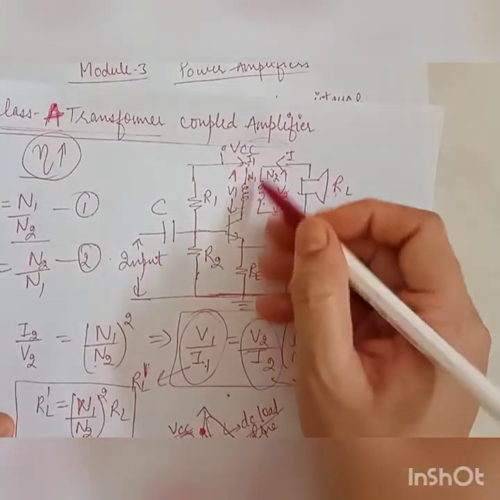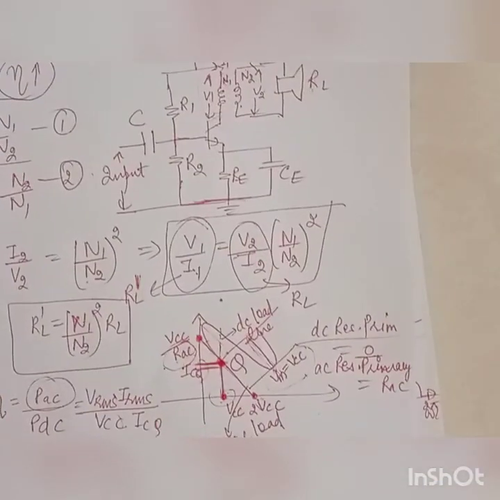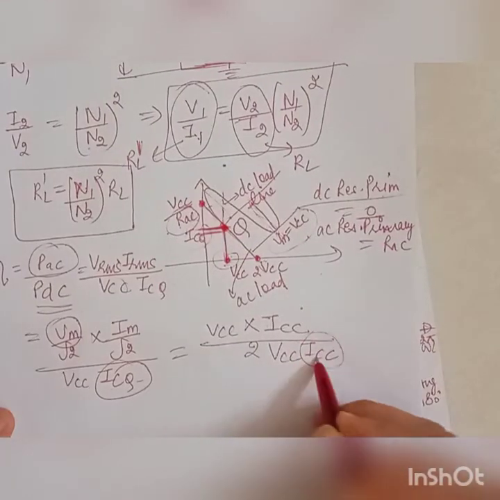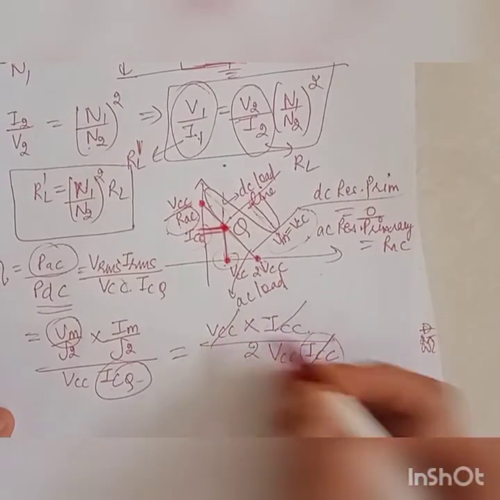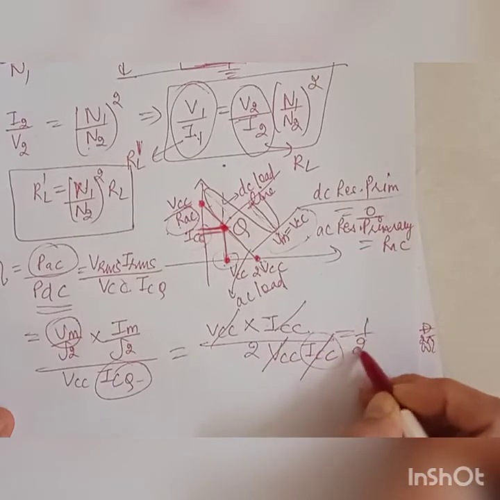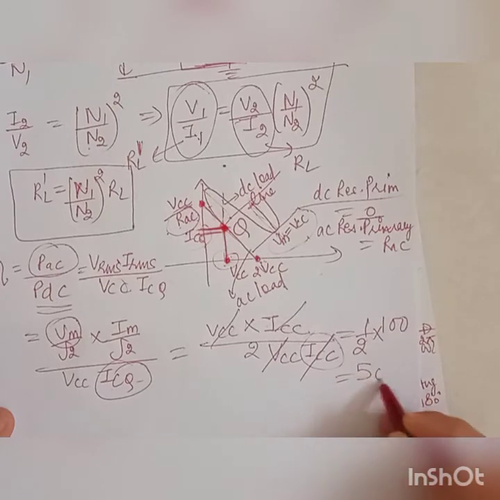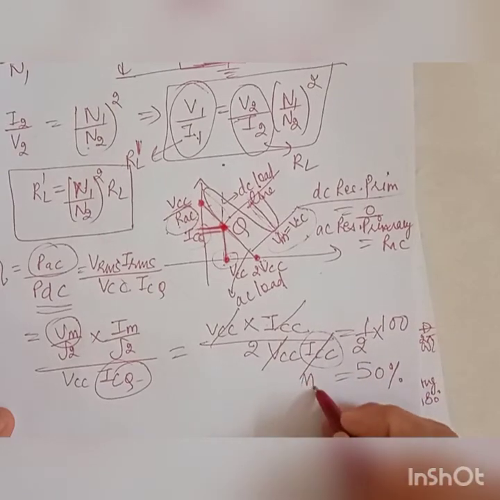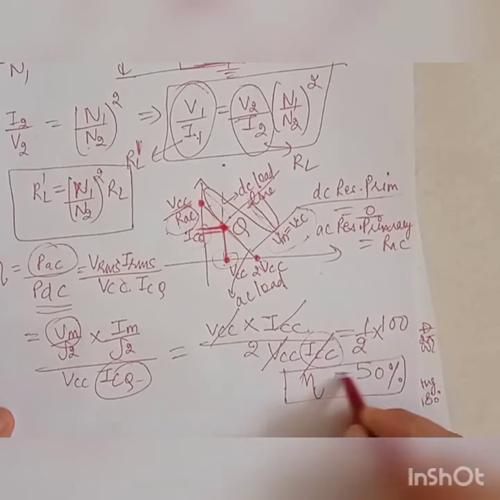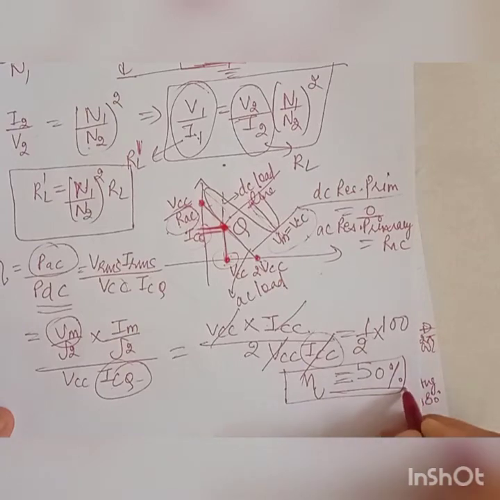So this ICQ is nothing but ICC. ICC cancels with this, VCC cancels with this, and it comes to be 1 by 2. If you want to calculate in percentage, multiply by 100 and you get 50%. So eta comes to be 50% maximum if you use transformer coupling.